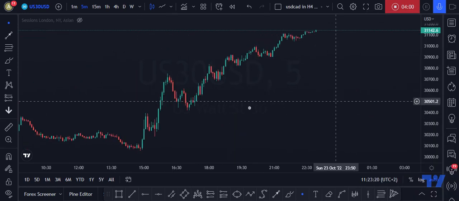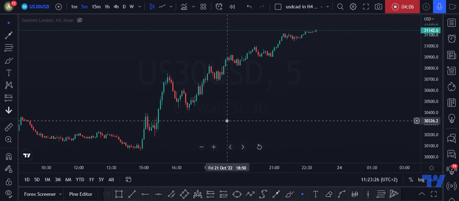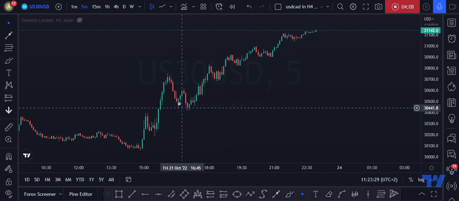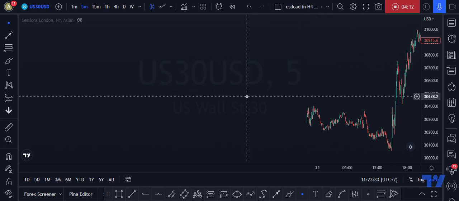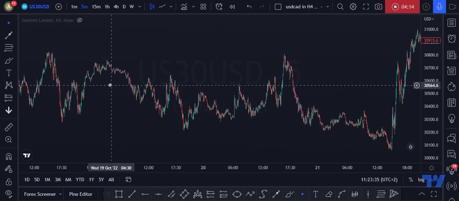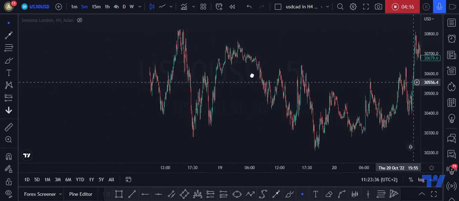Let's look at the NFP that was scheduled on October the 7th. Okay, that occurred on October the 7th. So let's check 7 October.